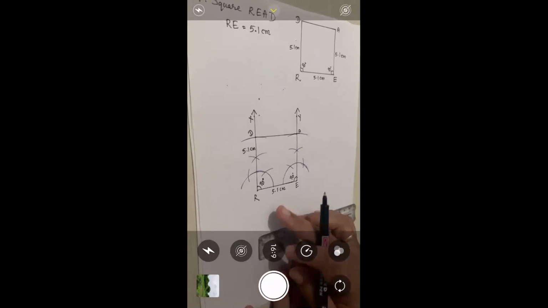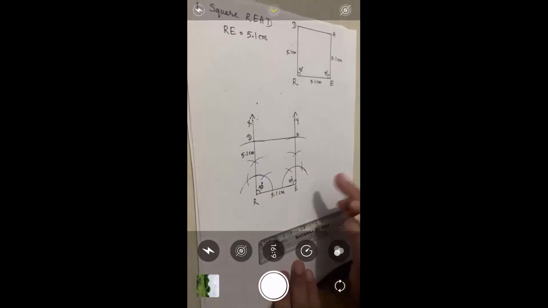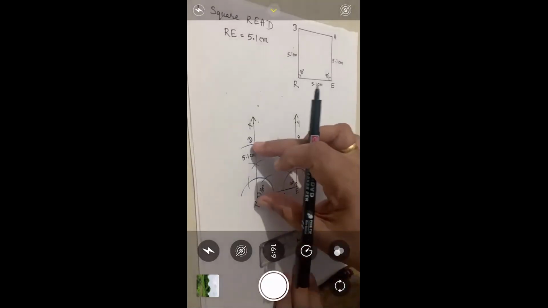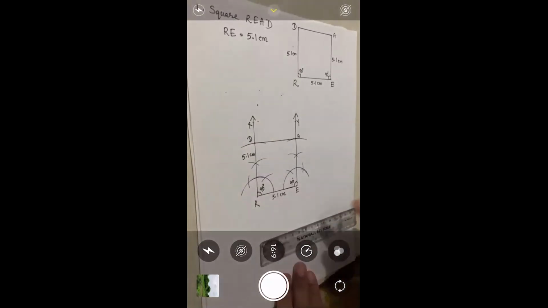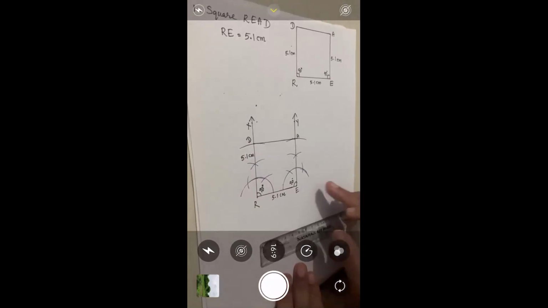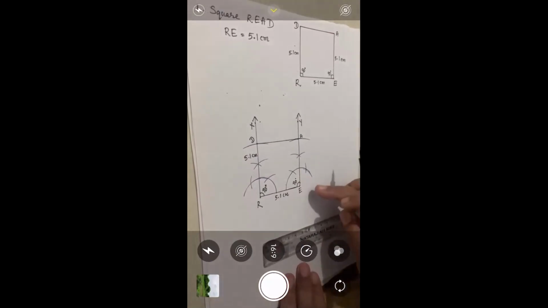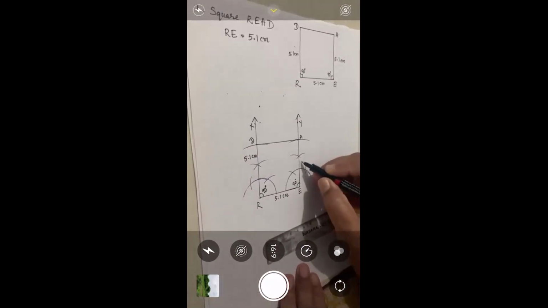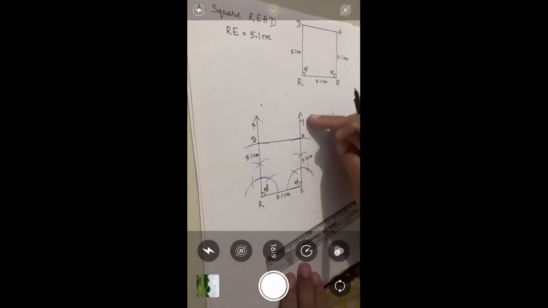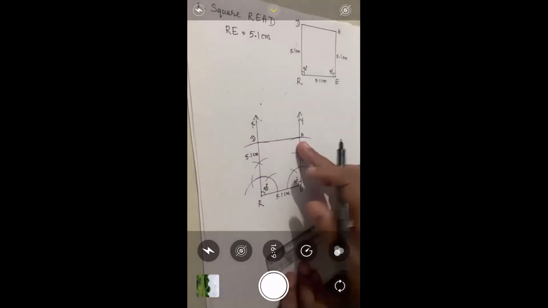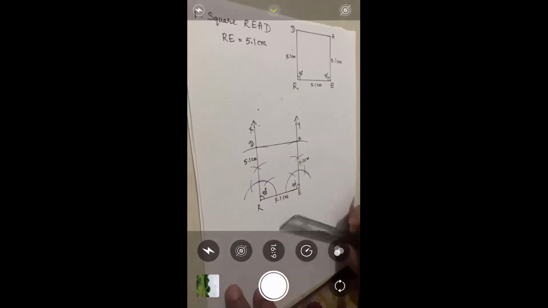Second step, construct angle ERX equal to 90 degree at R. Third step, with R as center and radius 5.1 centimeter, draw an arc to intersect ray RX at D. Similarly, next step, construct angle REY equal to 90 degree at E. Next step, with E as center and radius 5.1 centimeter, draw an arc to intersect ray EY at A. Join DA. So square READ is ready. So we have completed first question.